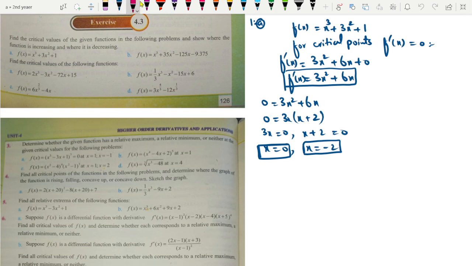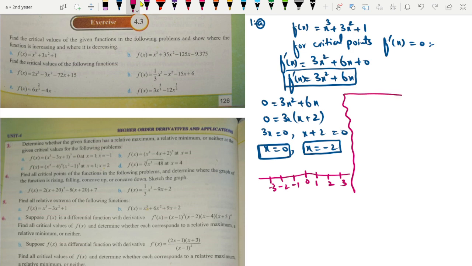So here we have the number line. This is 0, this is 1, this is 2, this is 3, this is minus 1, this is minus 2, and this is minus 3. We will put the values at the right and the left hand side of the critical values and check whether the function is increasing and whether the function is decreasing.